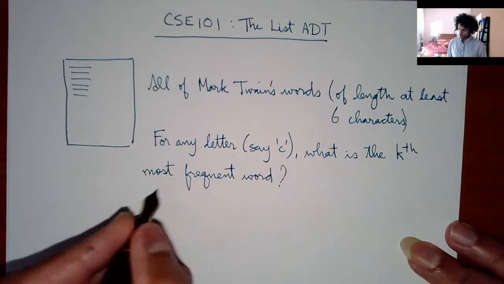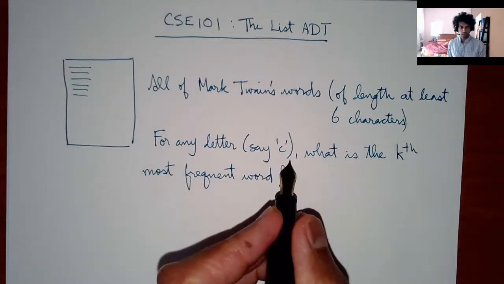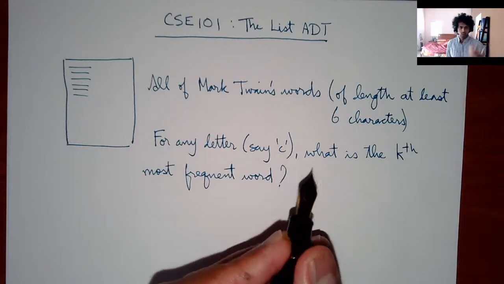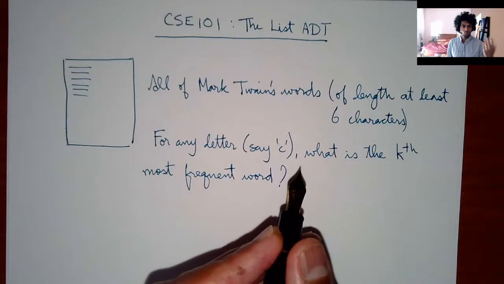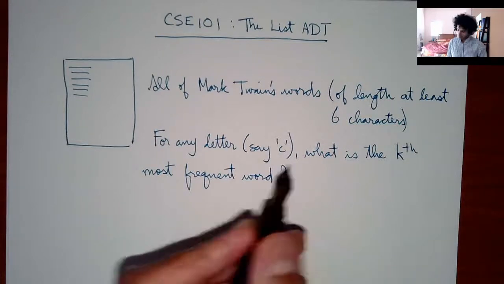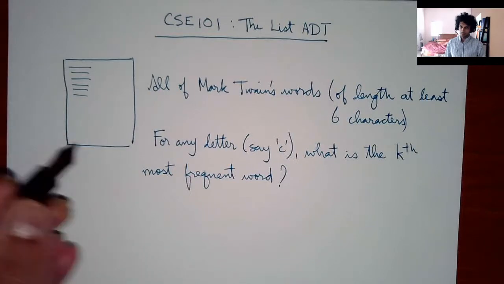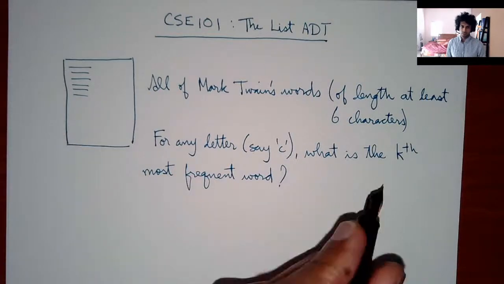Your queries are going to be of the form: you get a letter C and a K, where I start counting from 0. So 0 would be the most frequent, 1 would be the second most frequent, and so on. Your program needs to process this file and answer these questions.